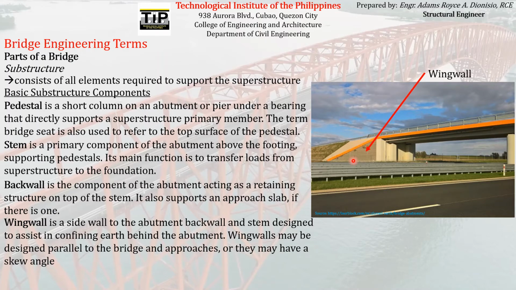If you have already traveled on expressways like NLEX or SLEX, you can find these wing walls on those parts of the expressways where there is a bridge built over the expressway itself.